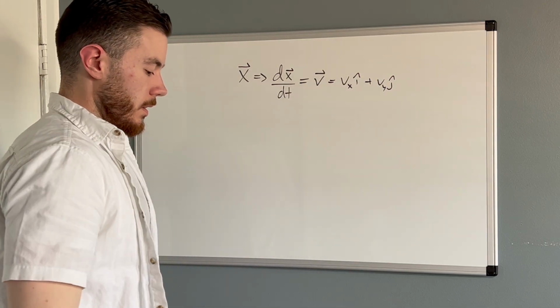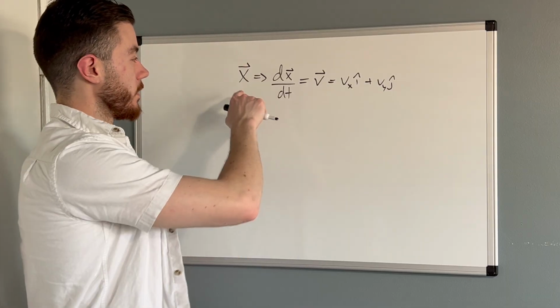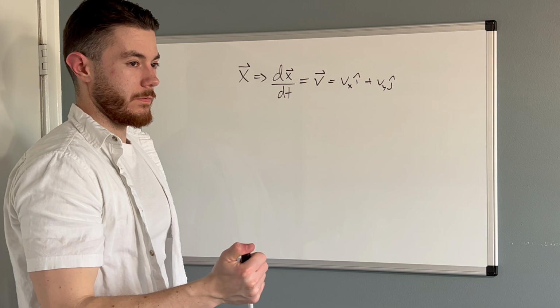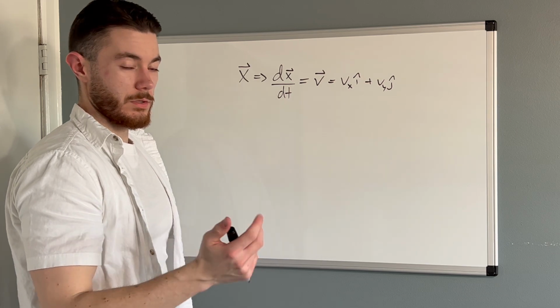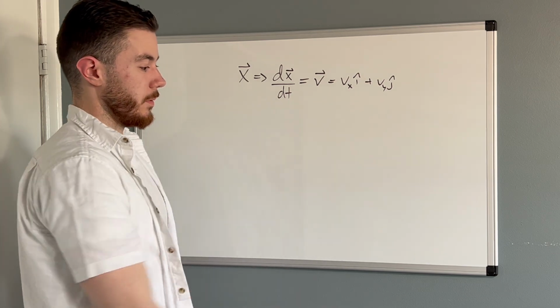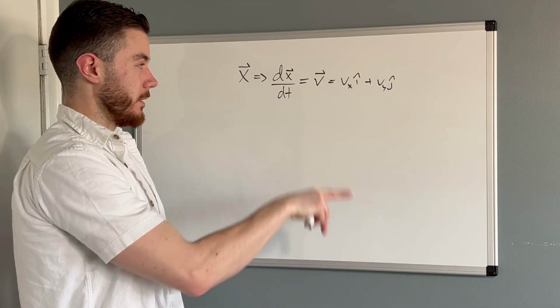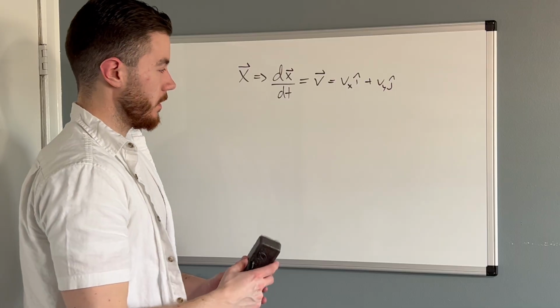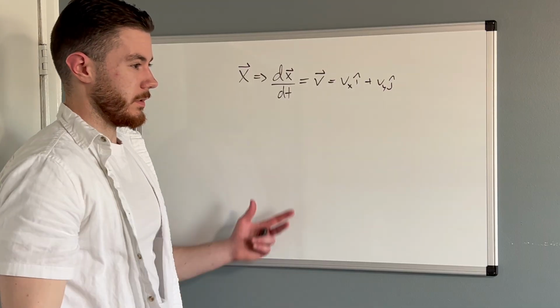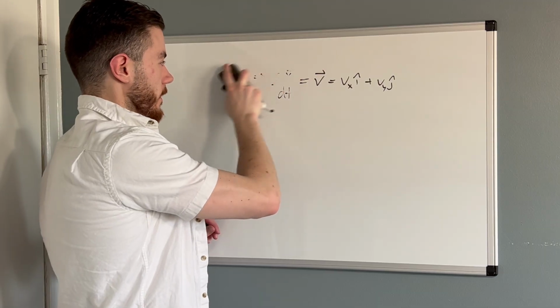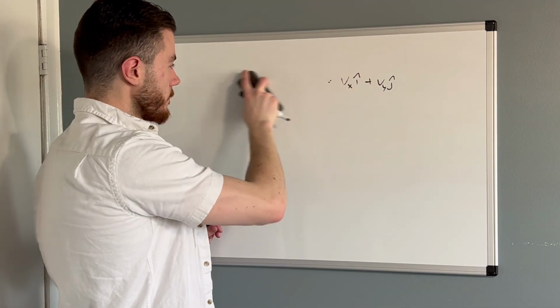So if the original vector has 2 components, then taking a time derivative, it's just another vector. It still has the 2 components in the same dimensions as the original vector. It's just a linear operation.